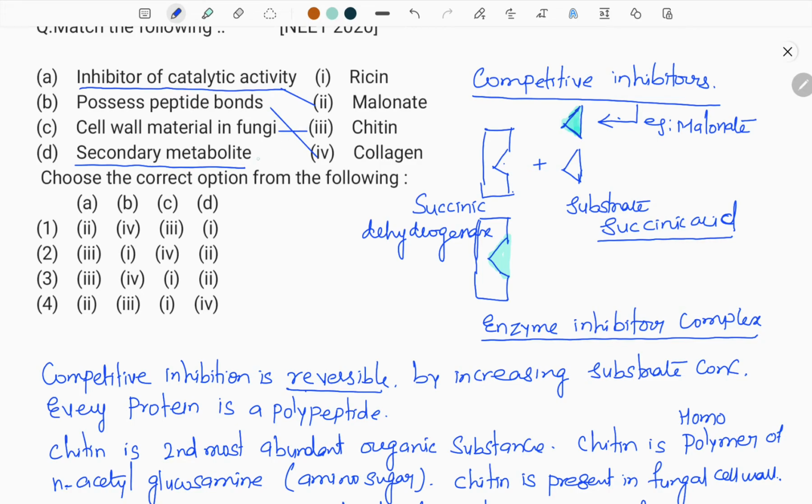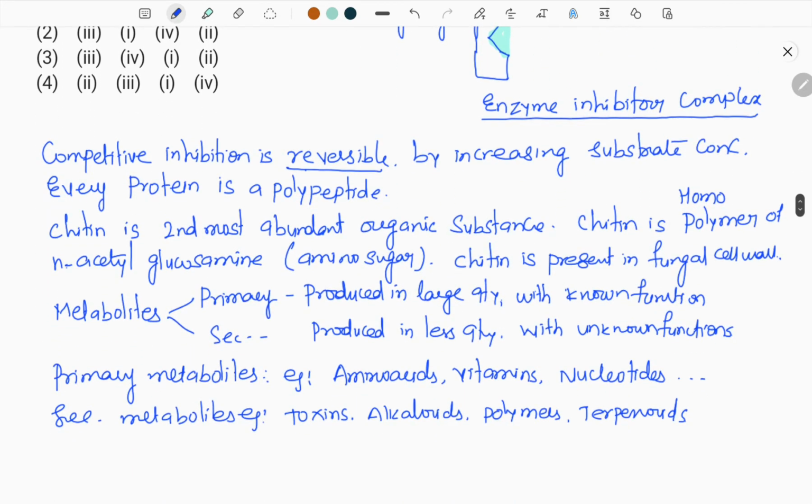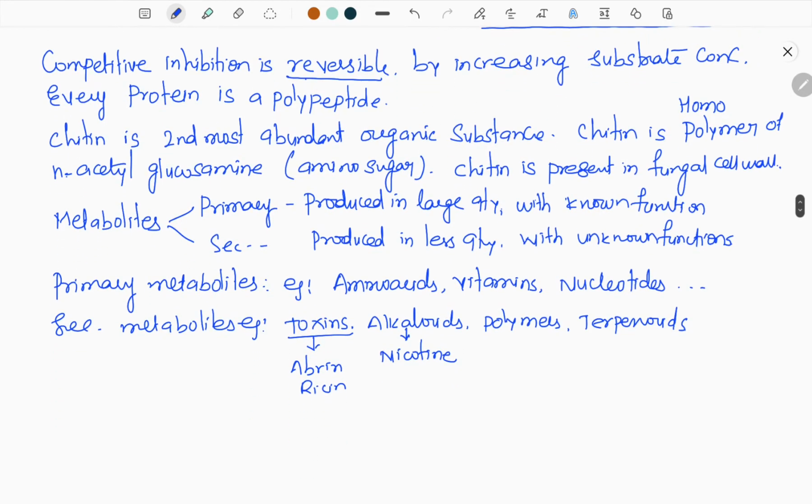Secondary metabolite is abrin, ricin. Abrin and ricin both are toxins that I wrote here. So toxins we can give example here, abrin and ricin. And for alkaloids we can give examples like nicotine, caffeine, and theine.